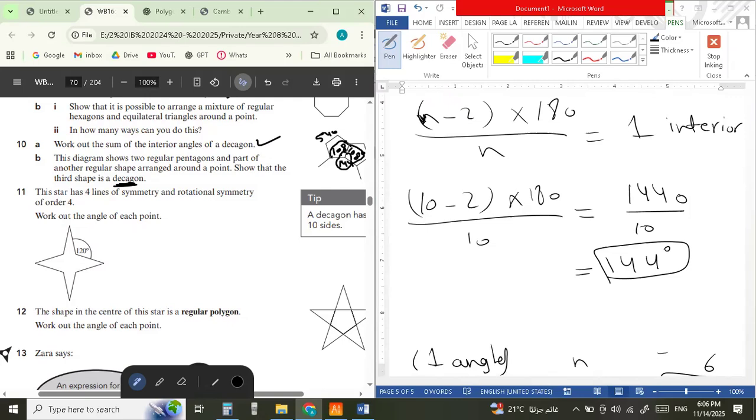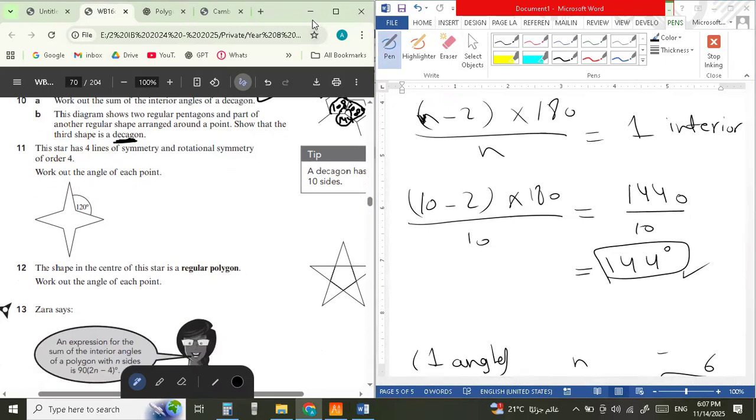The third angle, around the point, since the three add up to 360, is 144. And the last step is that one interior angle in a regular decagon is 144 degrees. So the third shape is definitely a decagon.